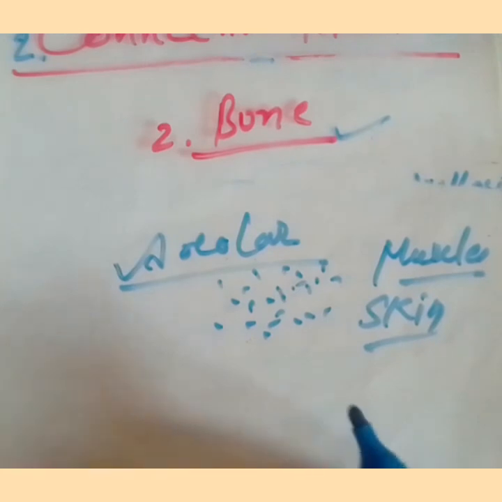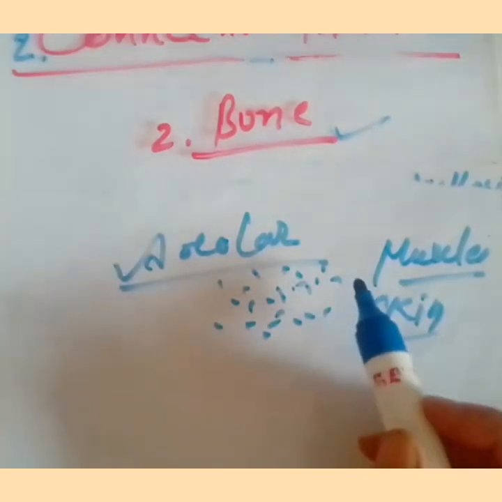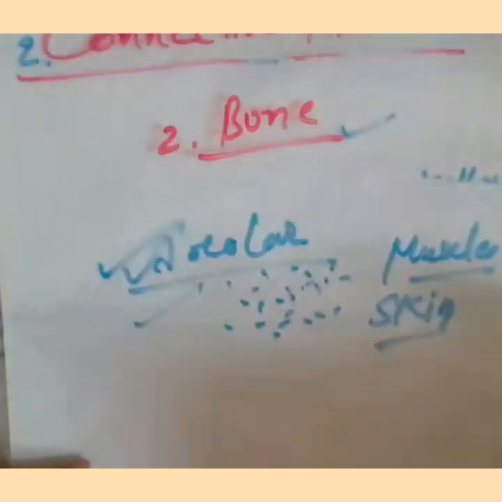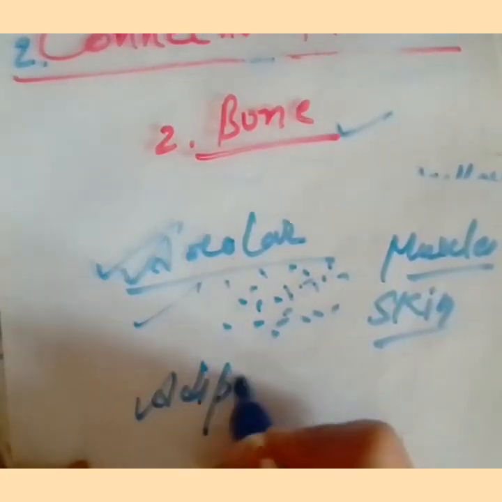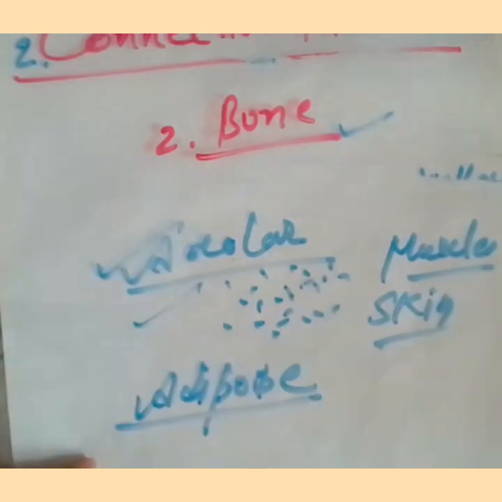Okay, also around the blood vessels, around the nerves, and in the bone marrow. This tissue will be present, and it supports the internal organs, and it helps in the repair of the organs. Okay, now one storage tissue where fats are stored in the body, that tissue is called the adipose tissue, where fats are stored in the body.